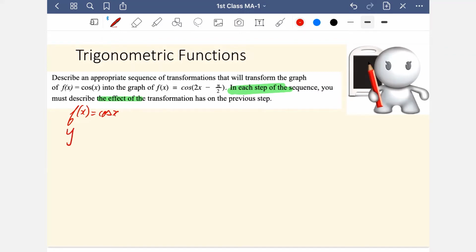Now for my first transformation, I'm going to substitute 2x over here. And what will I get? I'm going to get cos of 2x. So what's the effect? In each step, you must describe the effect. Here the effect is I'm substituting 2x for x, so the period will be halved.